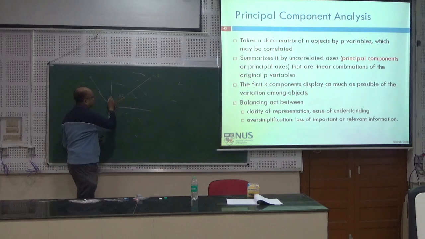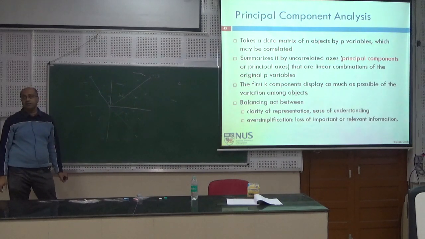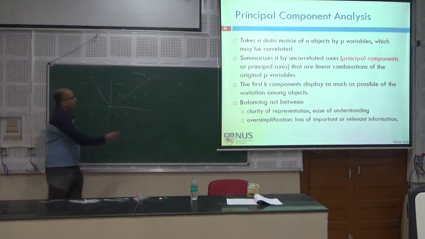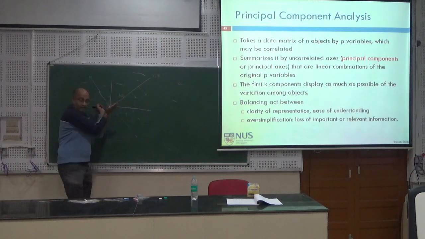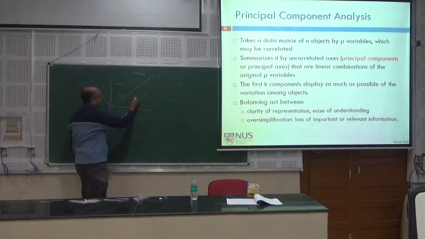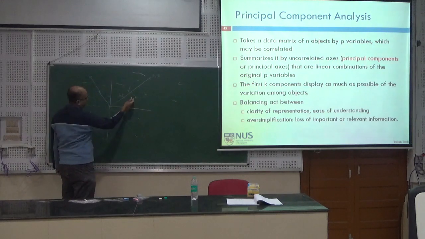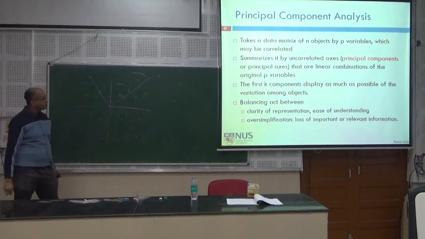X, y, right? That was the data value earlier. Now what I do is I find these new axes and I do the projection. For this particular point, this is the new x, and this is the new y.